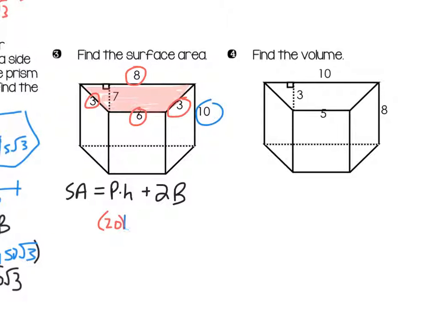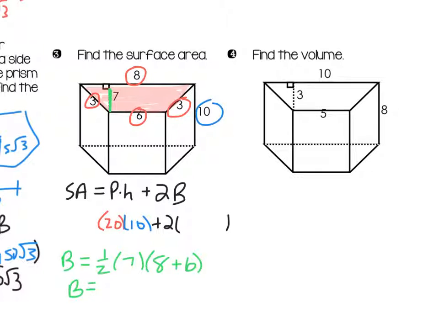My height is 10, plus 2 times area of my base. Area of my base is 1/2 times height of the base, which is 7, times base 1, 8, plus base 2, 6. And when I multiply all of that, I get that my base is 49.